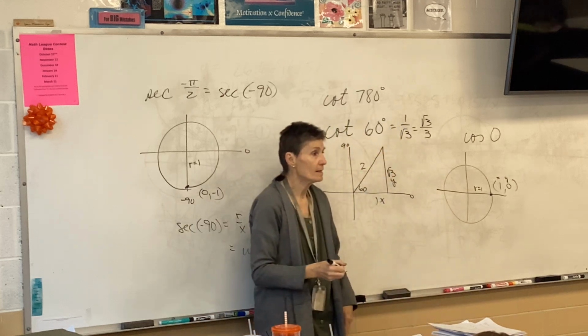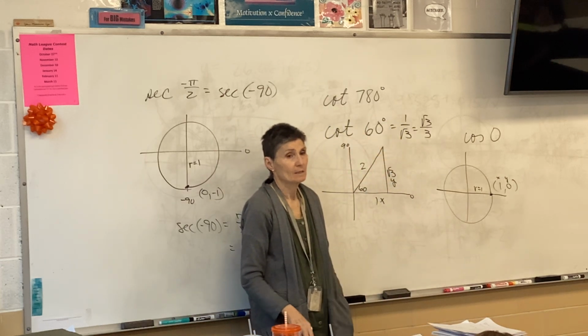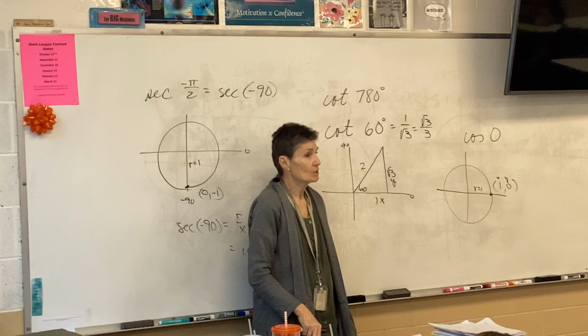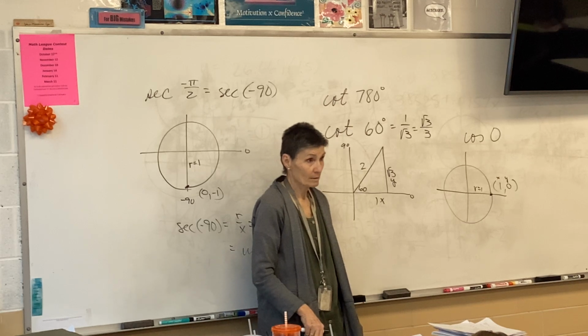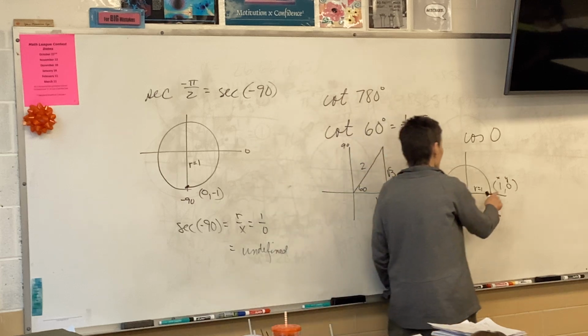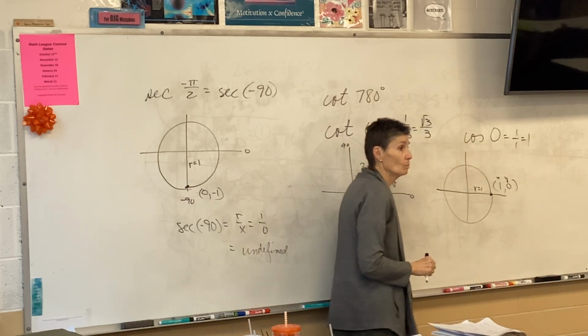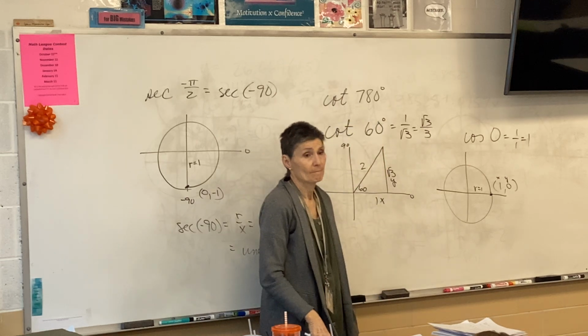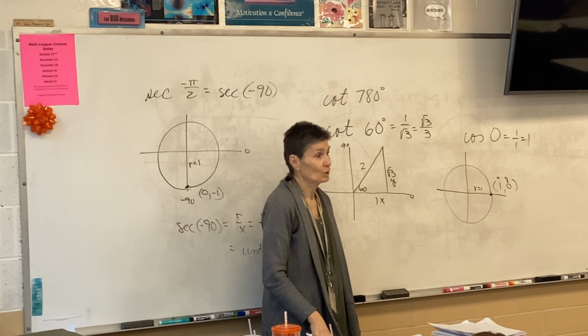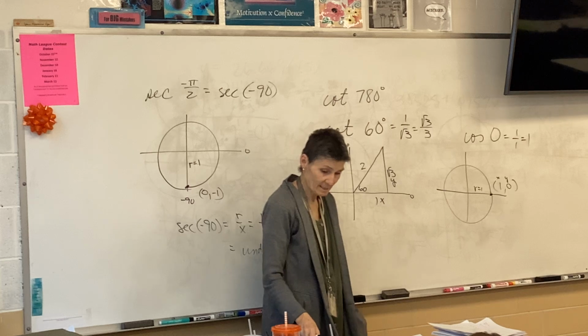What's cosine in terms of your circular definitions? Cosine is x over r. So x over r will be 1 over 1, or 1. Good? Wow, that's a lot.